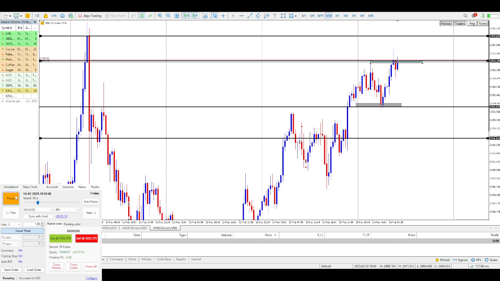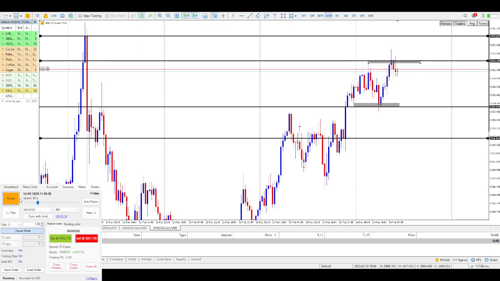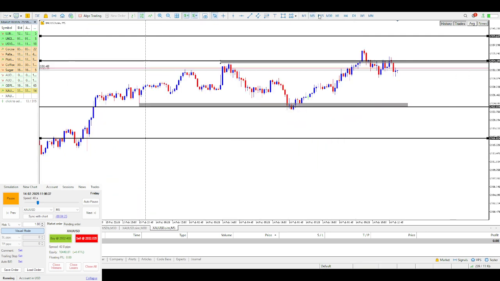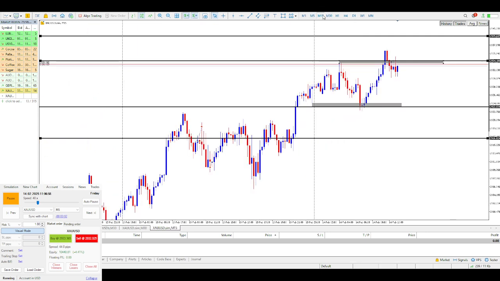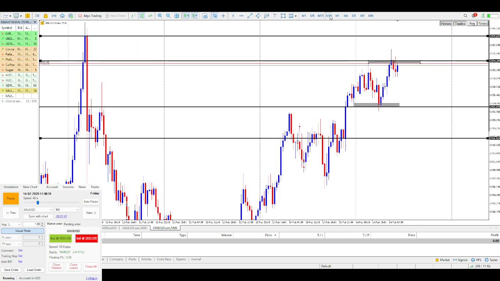Wait. It seems price is rejecting this resistance here. On the M15, nothing. Price is basically ranging.